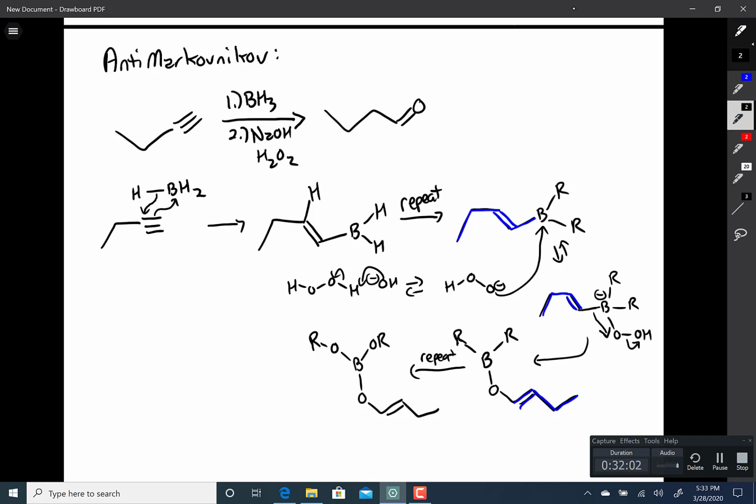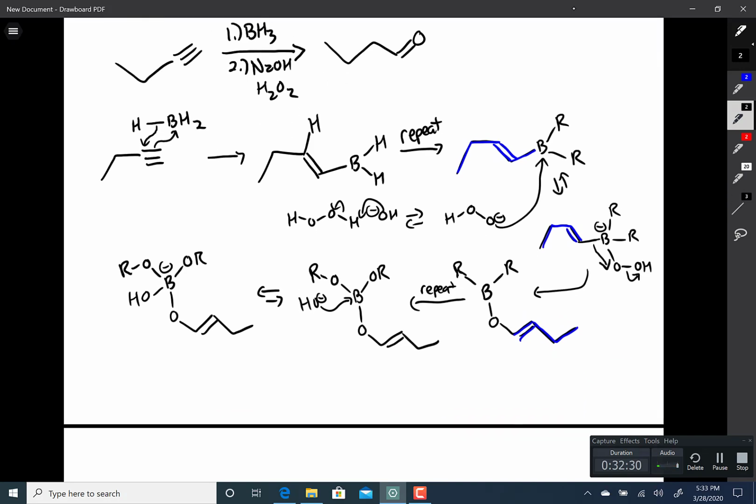And now it's time for the hydroxide to come back in and add to the boron. And one of these OR groups then leaves, because this is a Lewis acid-base reaction. That oxygen is falling on and off the boron, because that boron isn't happy having a negative formal charge.